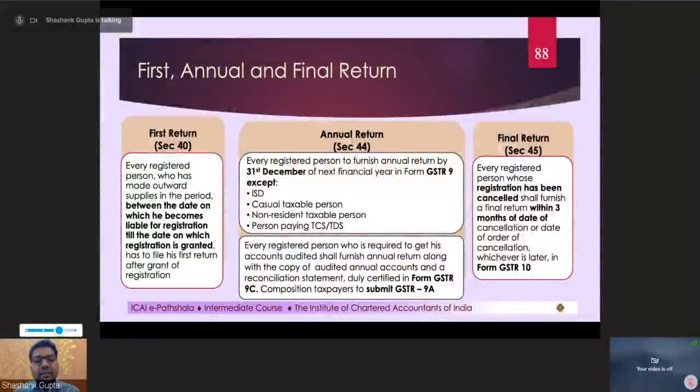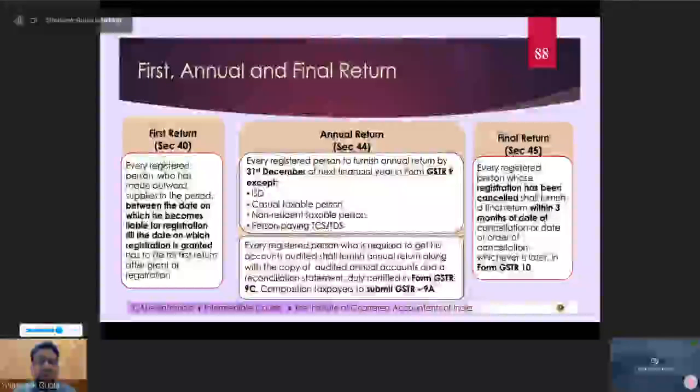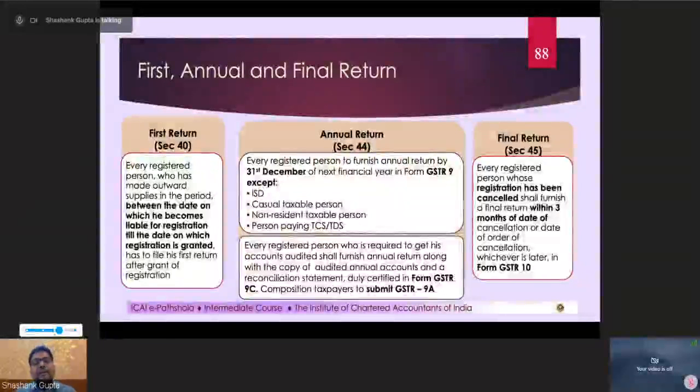Annual return is filed in form GSTR 9. The normal due date is 31st of December of the ensuing financial year. So for financial year 2021, the last date will be 31st December 21. It is to be filed by everyone except input service distributor, casual taxable person, non-resident taxable person, or person paying TCS or TDS.